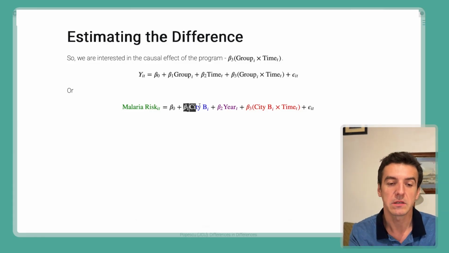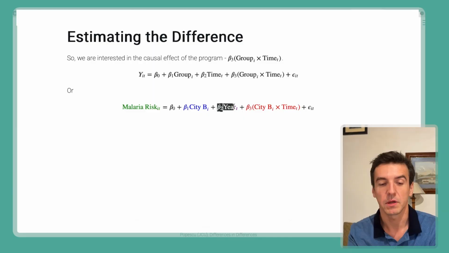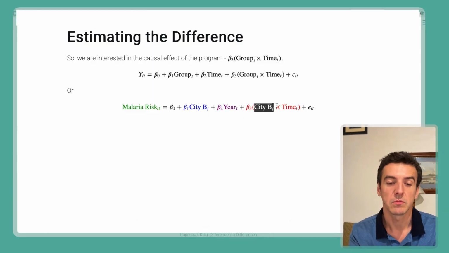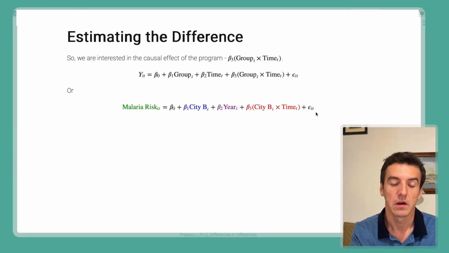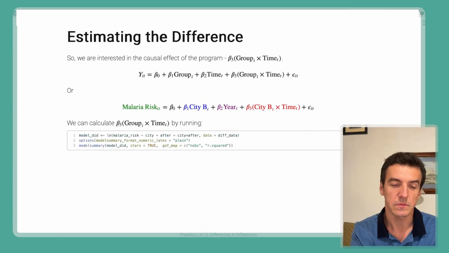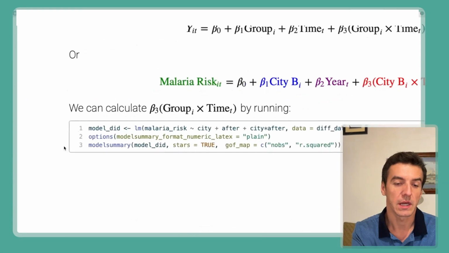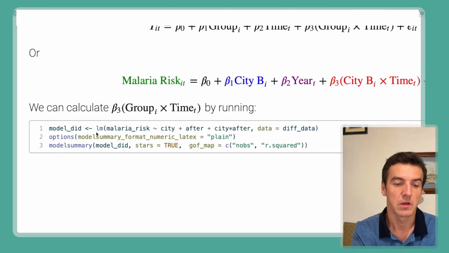So we have beta 1, which is the coefficient for just the treatment group. We have beta 2, which is the coefficient for the time period. And we have the interaction between city B and time t. At the very end, we have the error term epsilon it. This is how we can calculate this beta 3.